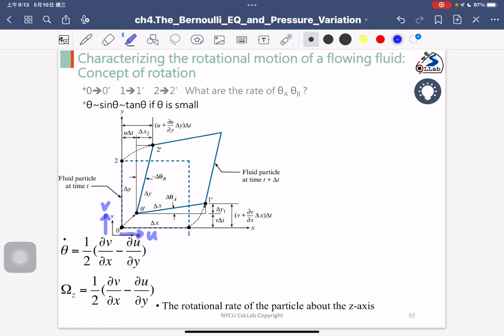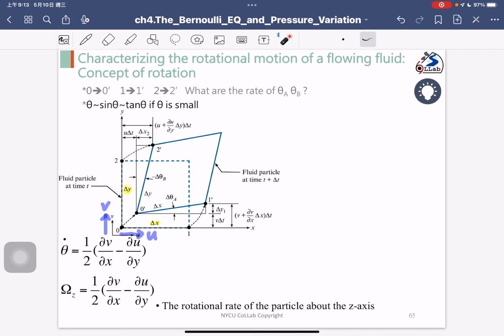Okay, and then we assume there is a delta x change, and there is a delta y change. So for that delta x change, we move the point to point 1, and for the delta y change, we move the point to point 2 here. Okay, so we have the delta x and the delta y shifts.